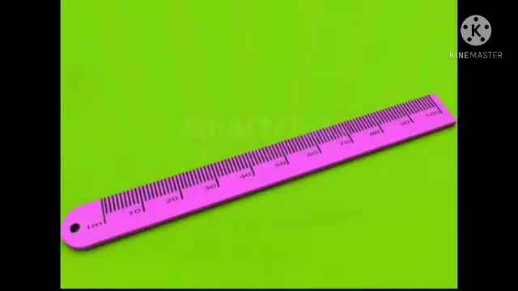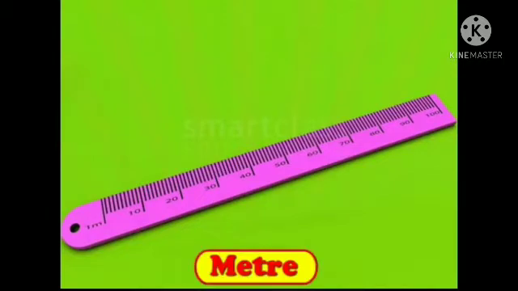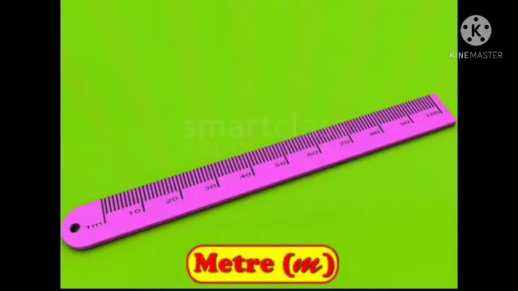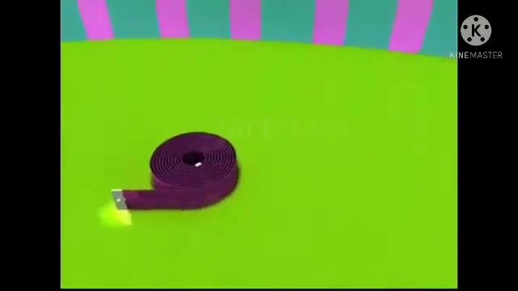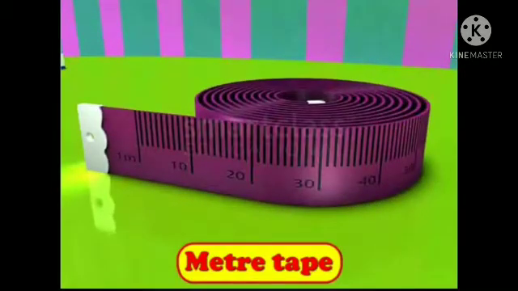One of the fixed lengths is the meter. It is denoted by the small letter m. So, meter is written in short as m. A meter rod or meter scale and a meter tape measure a meter.